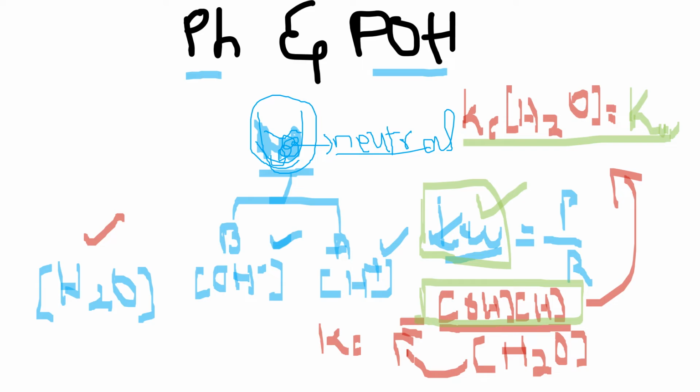Kw is the ionic product constant of water and its value is approximately 1 times 10 raised to the power minus 14 mole per dm³, whole square, because there isn't any single concentration, there are two concentrations, so we're going to square that.